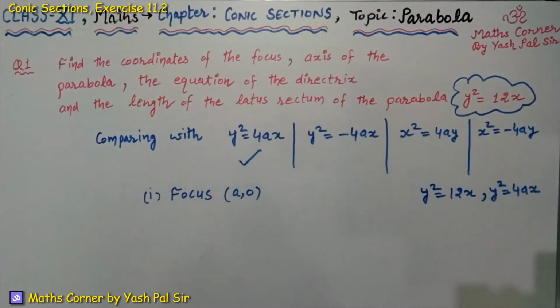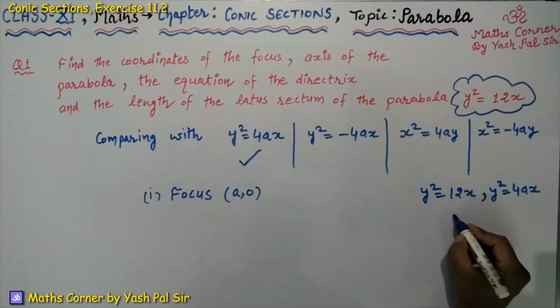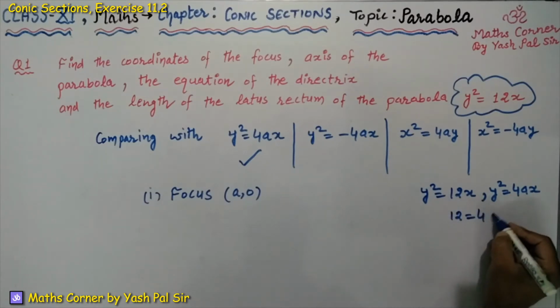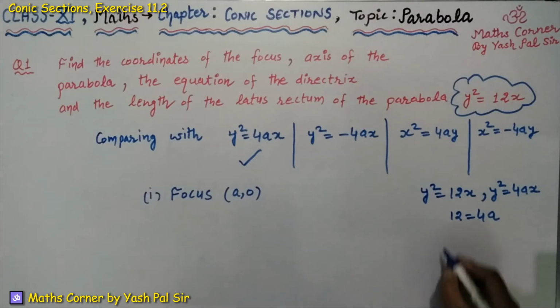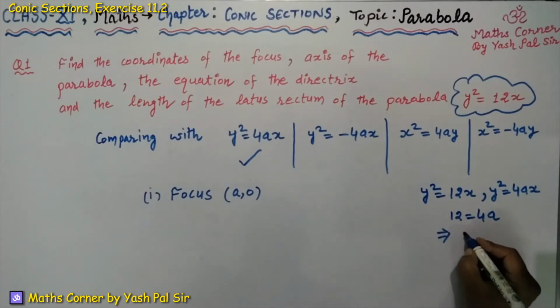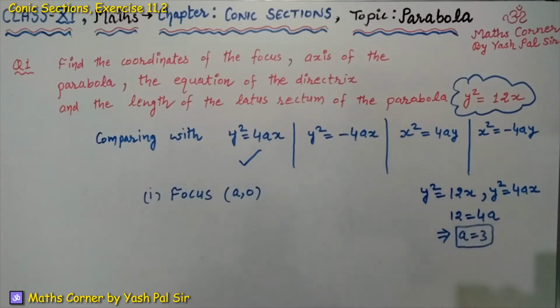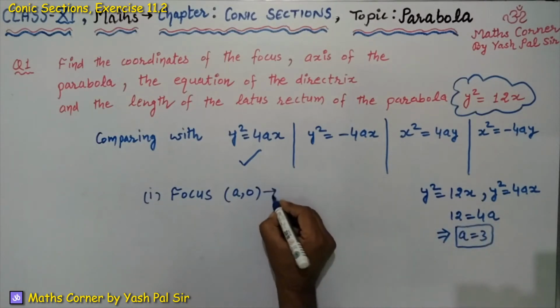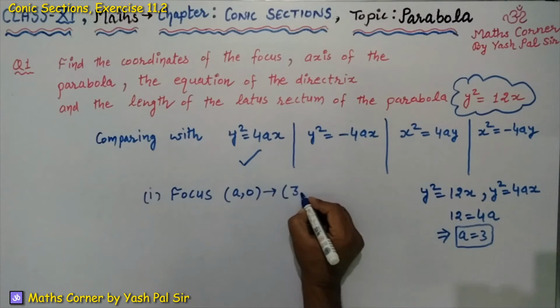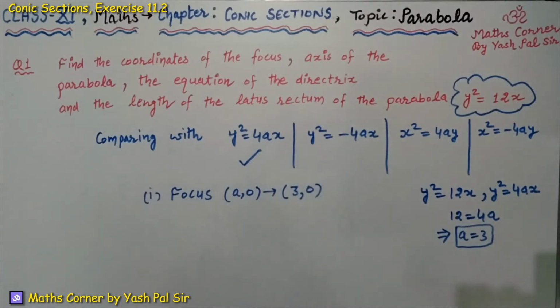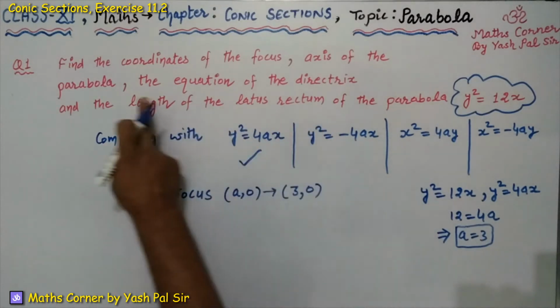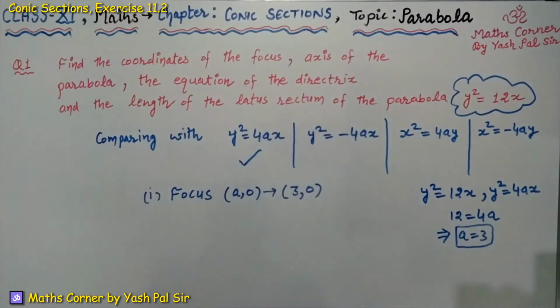Here we have y square is equal to 4ax. We are comparing, 12 is equal to 4a. So this gives us a is equal to 3. So the focus coordinates become 3 comma 0.